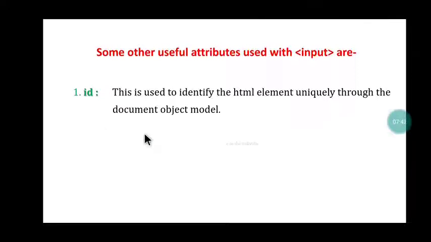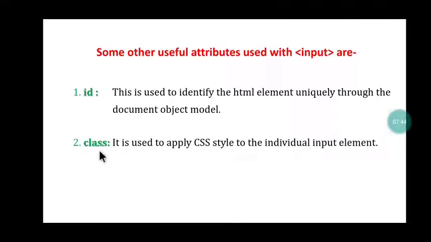One more attribute is class, and it is also used to apply CSS to an individual input element. If you want to highlight a particular element, we can use the class or the ID.